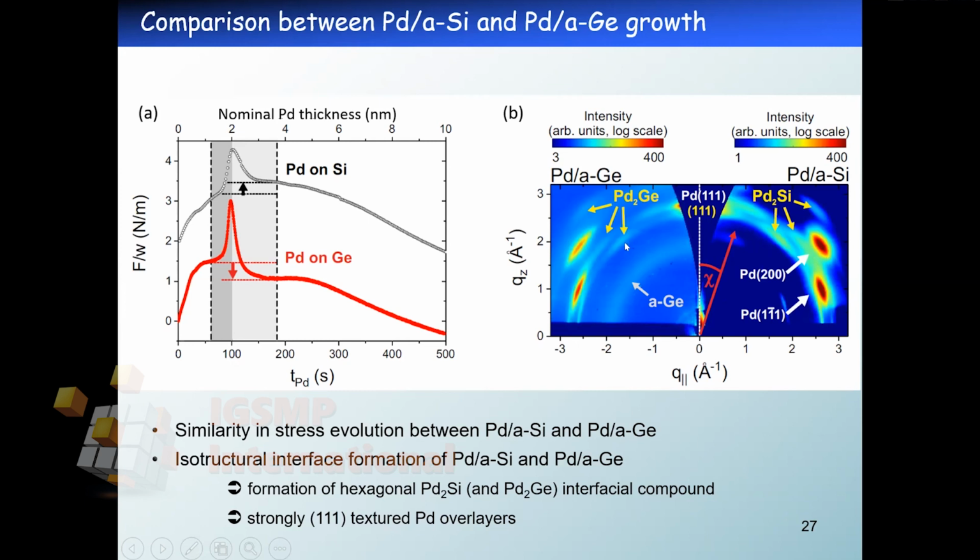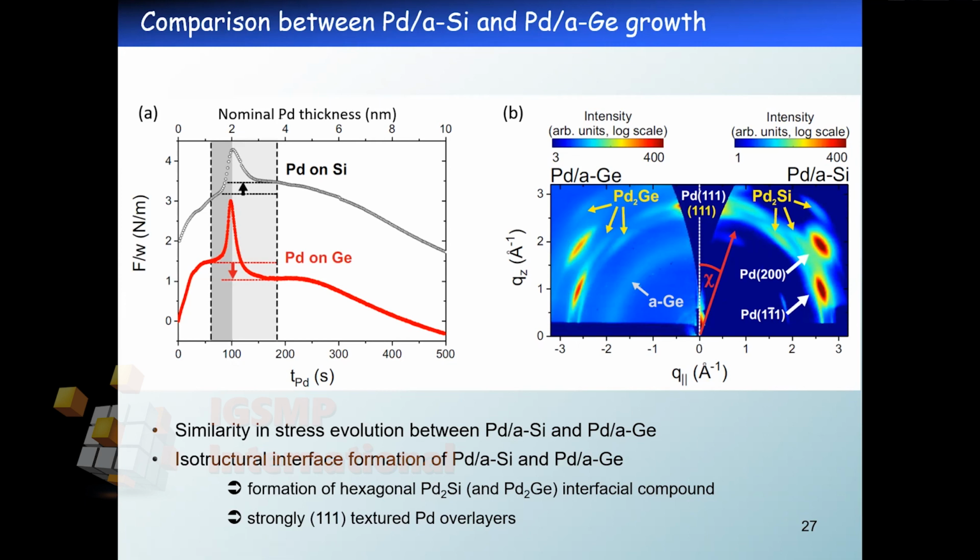They are also showing similarity, and especially we have here the spot corresponding to the FCC growth of palladium with very narrow texture. And we also have some rings that correspond to the formation of silicide and germanide compounds. These compounds, I will show you in the next slide, were formed during deposition at the interface.